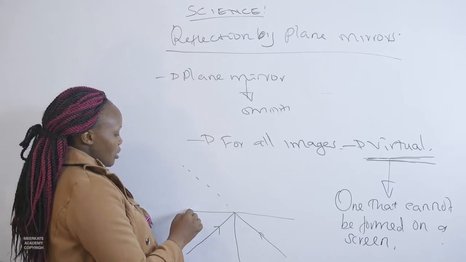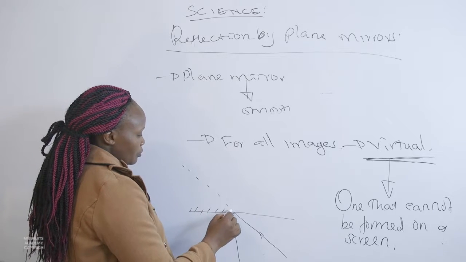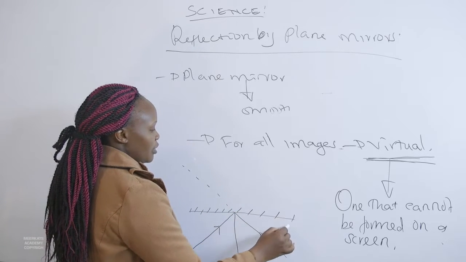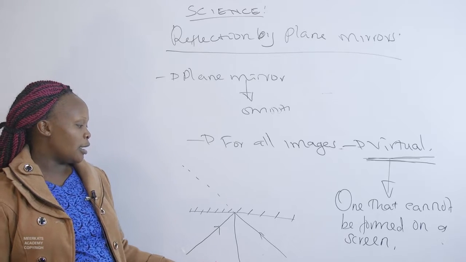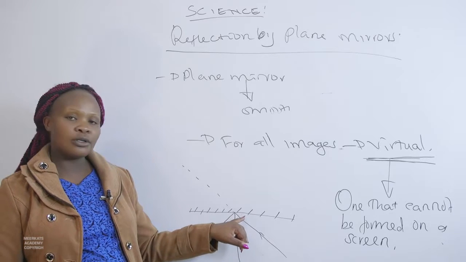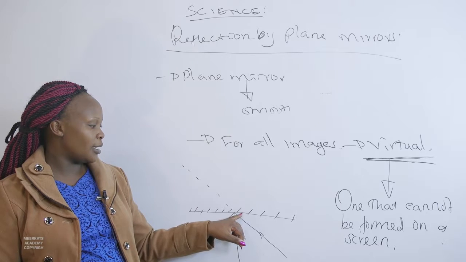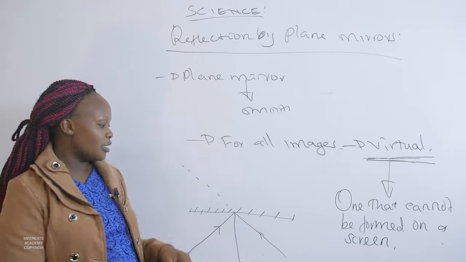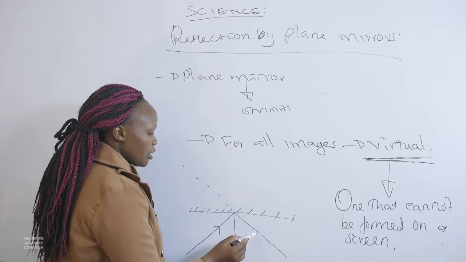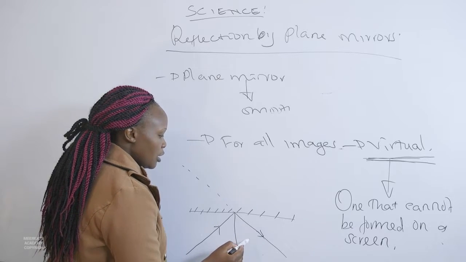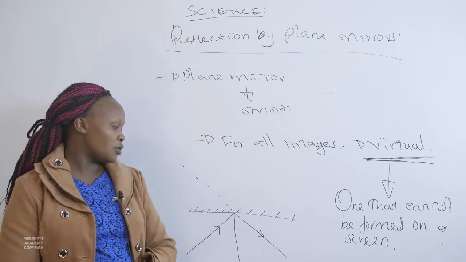Remember, this one is our mirror. We have an incident ray that comes to the plane here and is reflected in such a way that we keep to the laws of reflection.